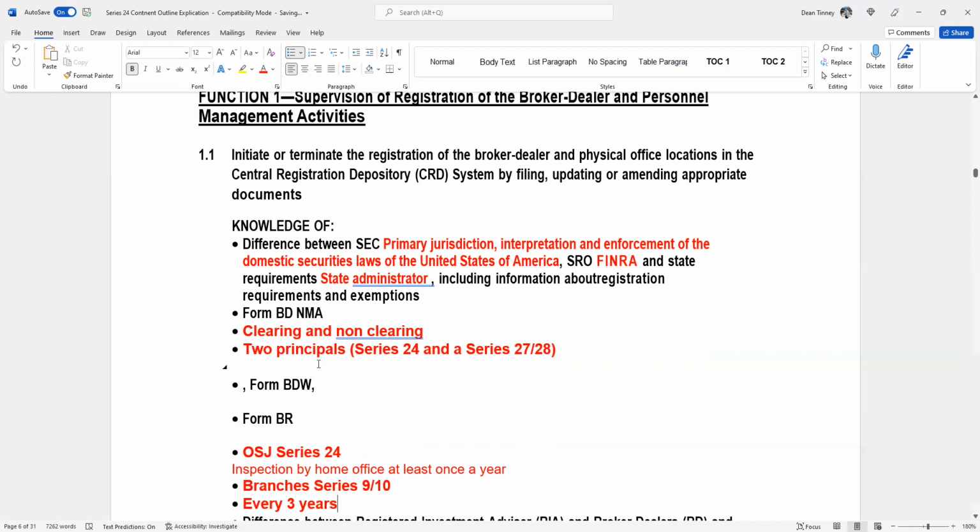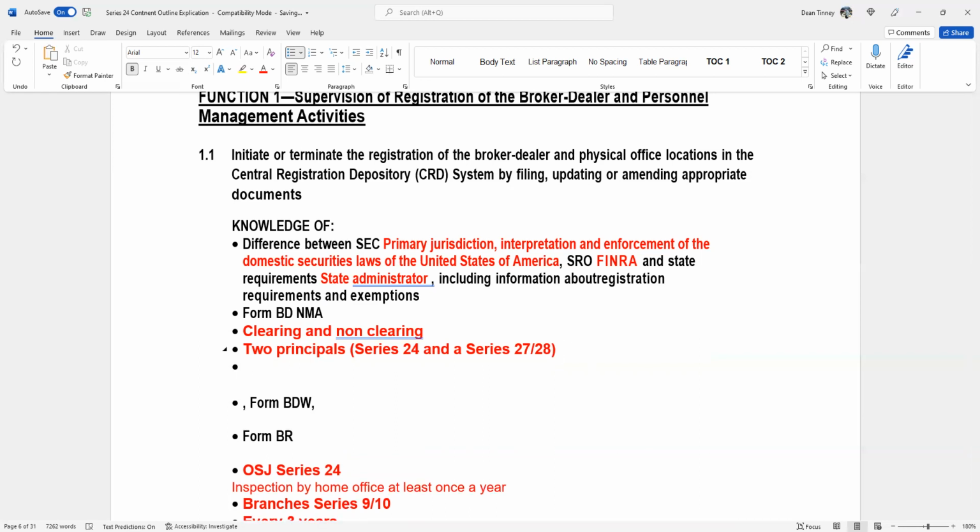Let's see. So we got our Form BD, we got our two principals. We're going to need to appoint a couple more officers here. So we're also going to have to tell FINRA who is our CCO, or Chief Compliance Officer. And at least every 12 months, the Chief Compliance Officer has to meet with the CEO.